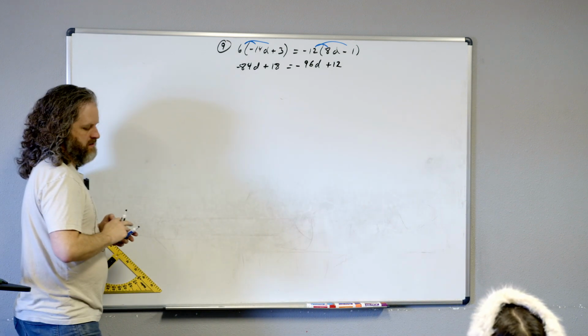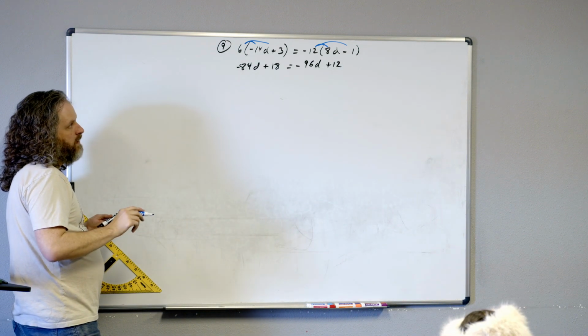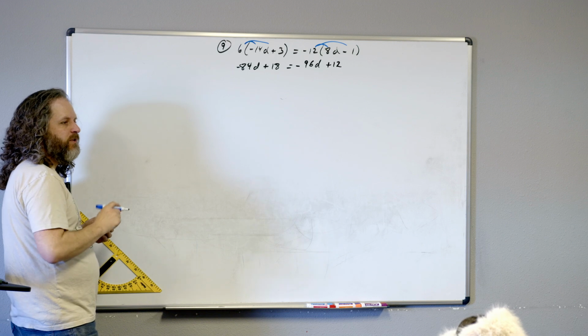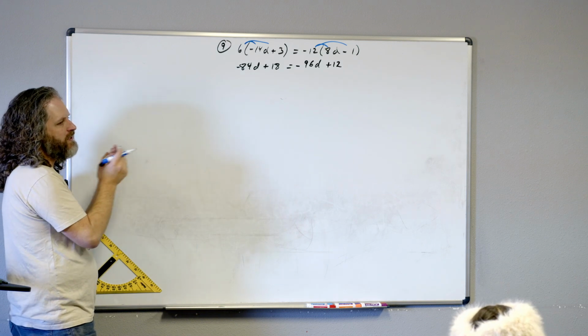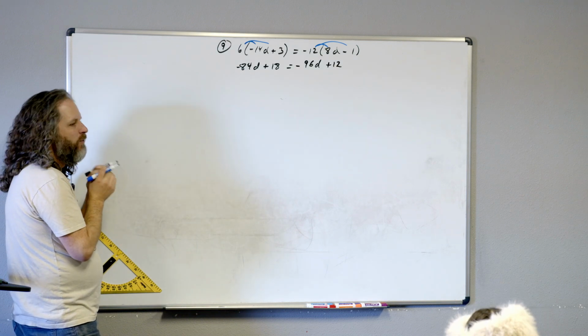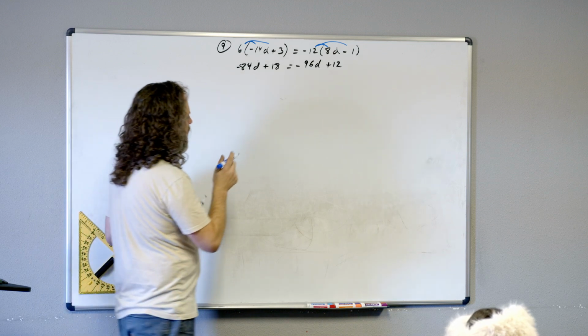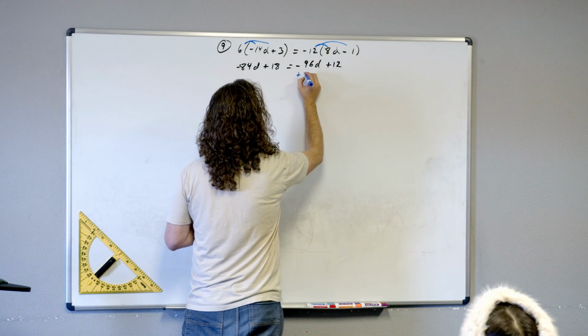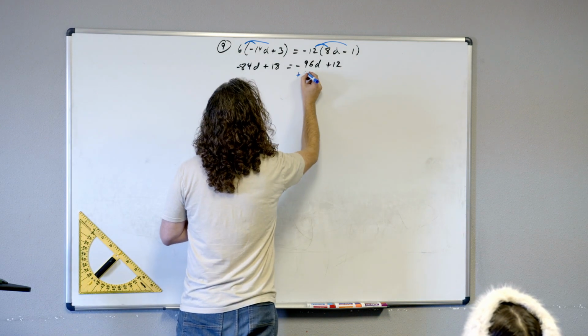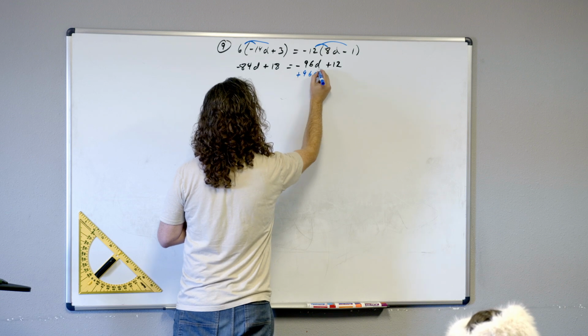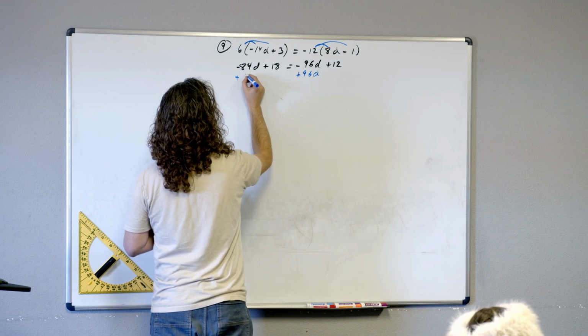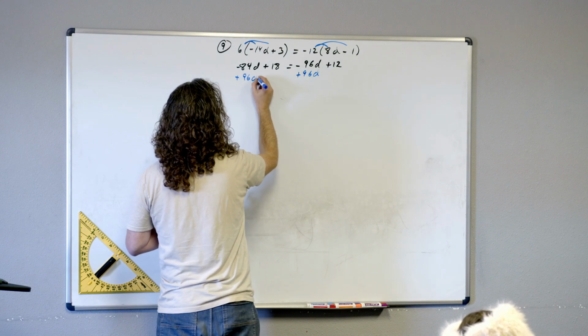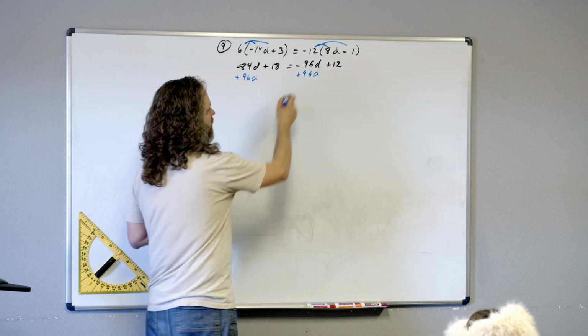Now what? Yep, how do we do that? Because we got to move one from one side to the other side. So what do we do? Add 96d. If we're going across the equals, then the sign changes. Don't change the sign if you're not going across the equals. But if you go across the equals and you're adding, subtracting, it changes, right?